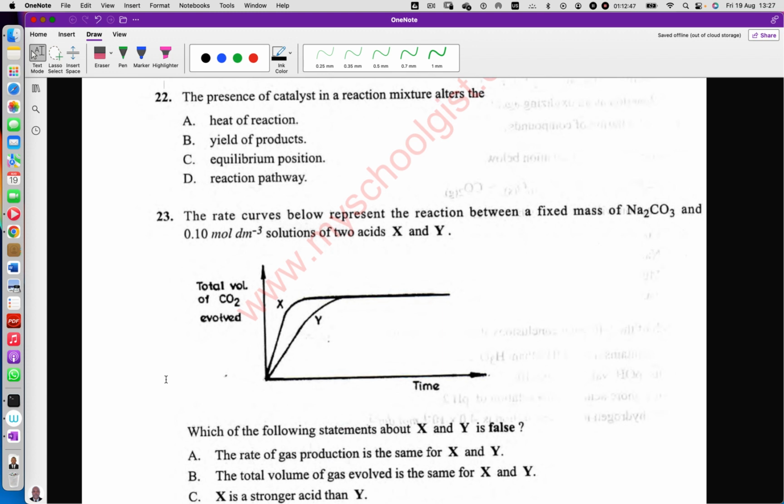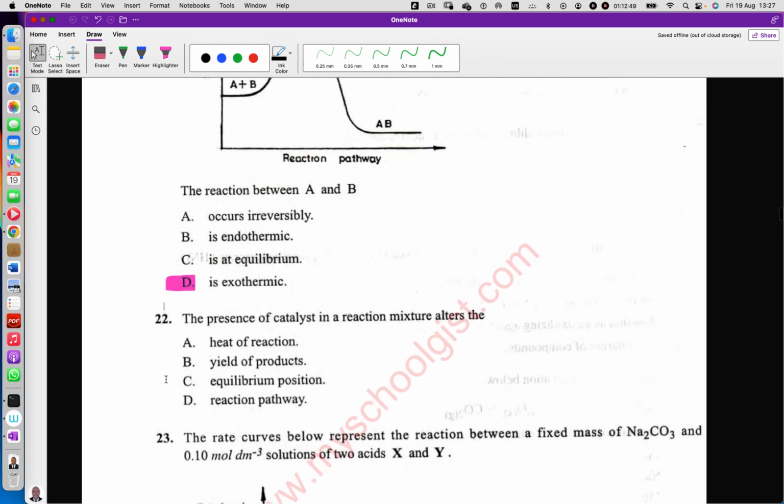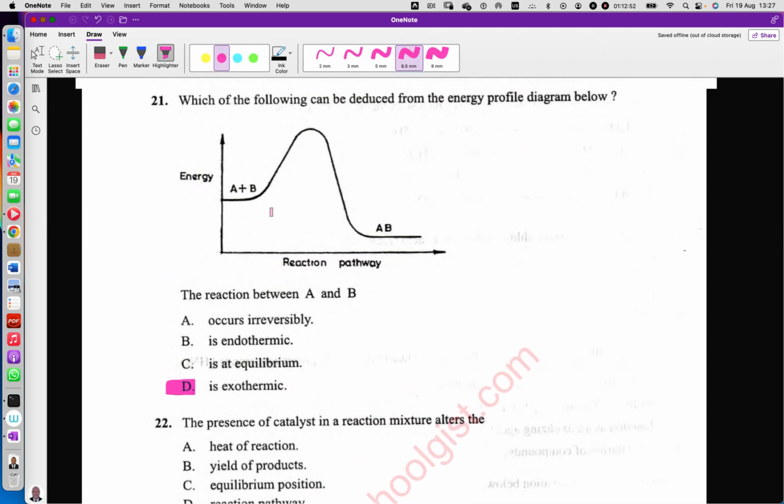So in this case here, when we put a catalyst, the activation energy is from here to this level. The presence of the catalyst will help to lower the activation energy. Instead of the reaction coming right up here, it may only be here. When it lowers the activation energy and makes the reaction go faster, we say it has changed the reaction pathway. Instead of coming here, it has taken the alternative pathway.